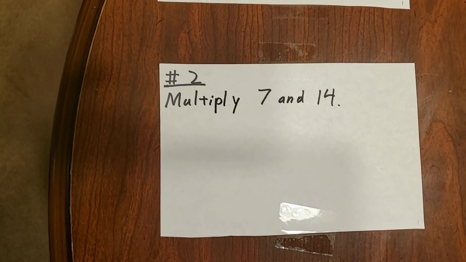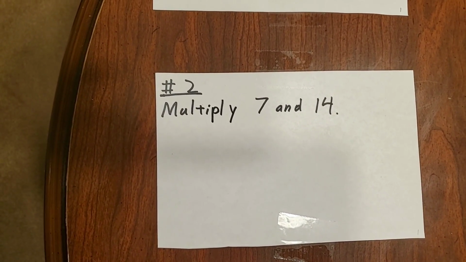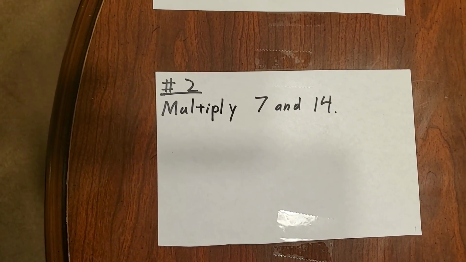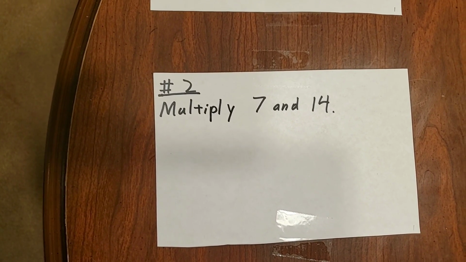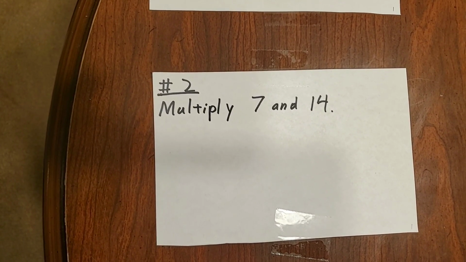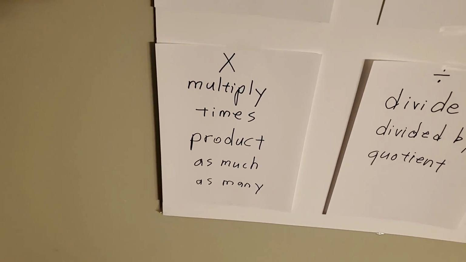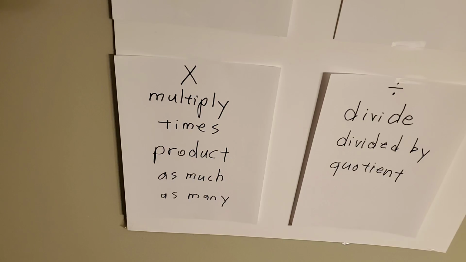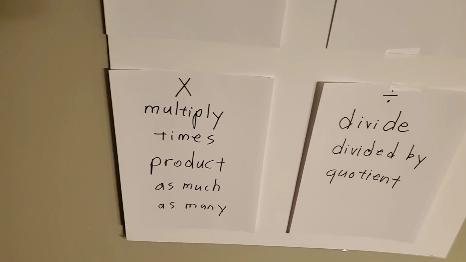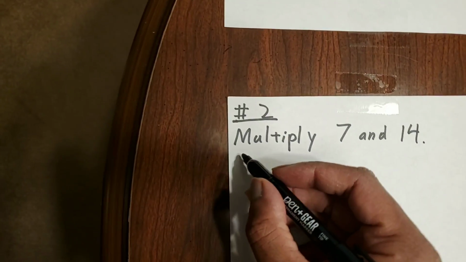Multiply 7 and 14. This one is actually pretty easy. What clue or keyword do you see? I see the word multiply, just like I do here on this chart. So let's analyze multiply.